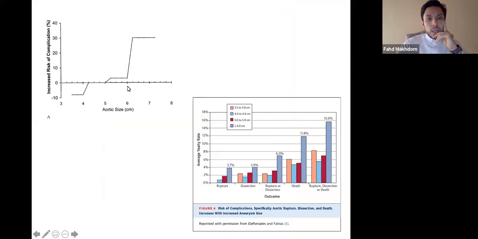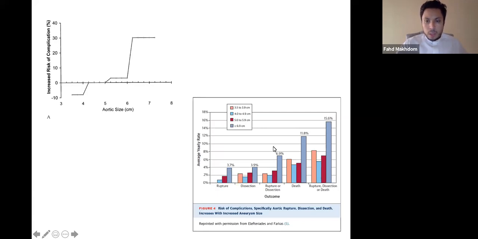As you can see here, the complications start to increase at a size of 6 centimeters for the ascending aorta. That's why this is the graph that all the guidelines depend on for the size at which we intervene.